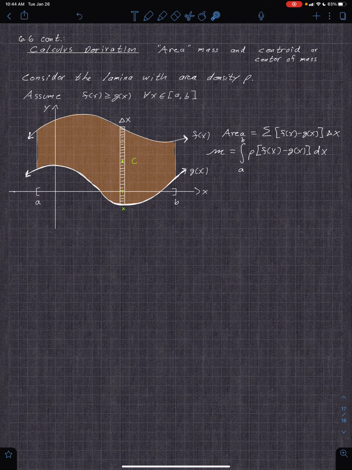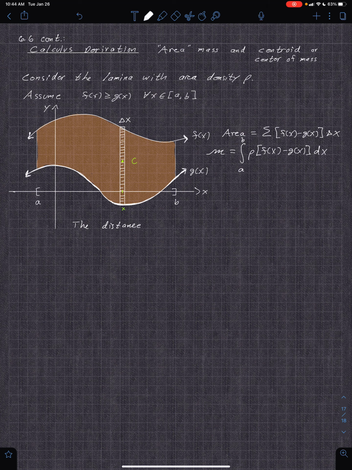Okay, so now let's look at the moment about the x and y axis. We have that the distance from the x-axis to the midpoint is c.